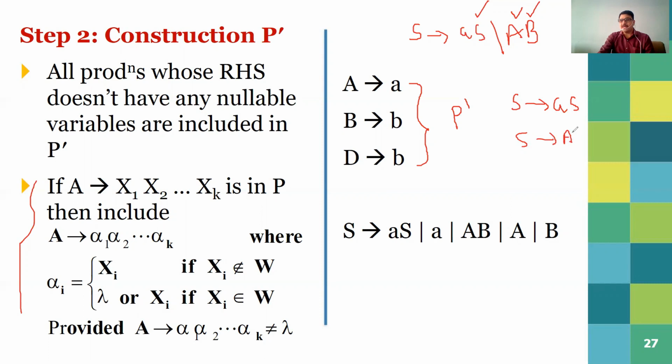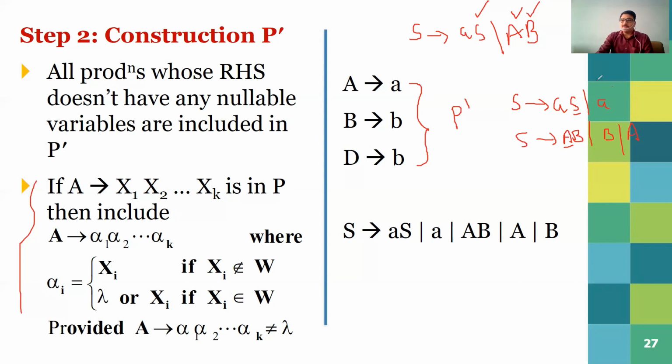Since A, S and B, the total three, are nullable variables, suppose S is the nullable variable because we are obtaining it from step 1. So if we place null here, then we can find another terminal, that is simply A. Similarly, if AB is there, if we place null value of A here, then we can find B. And if we place null value of B, then we can find A here.